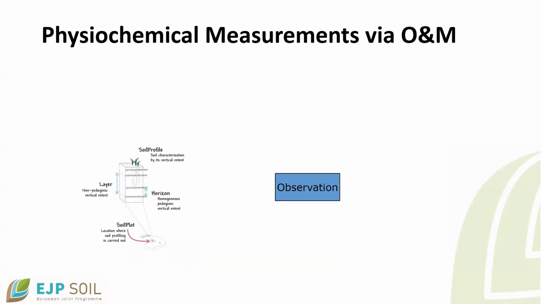So we will start from having the soil plot, and we will then create the soil profiles and the layers for it, always using the input from Lucas. We have the observations.